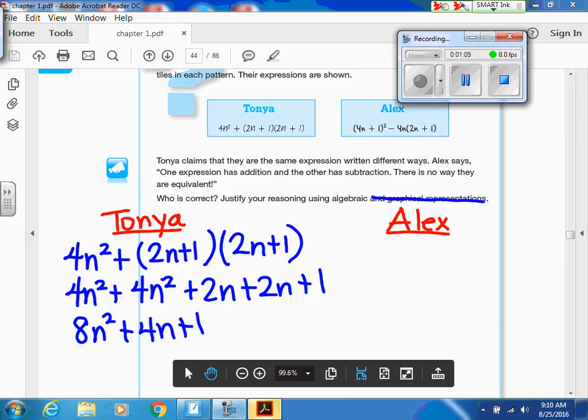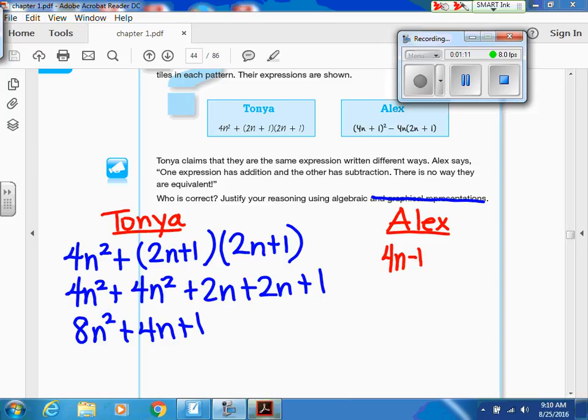Alex has 4n minus 1, plus 1, minus 4n, 2n plus 1.